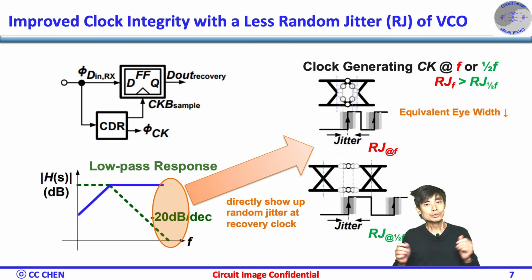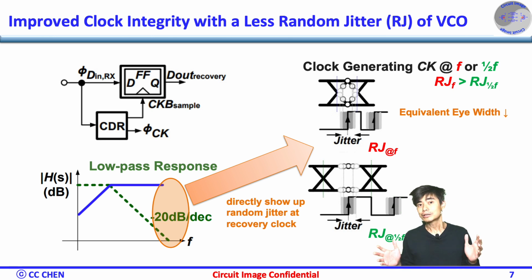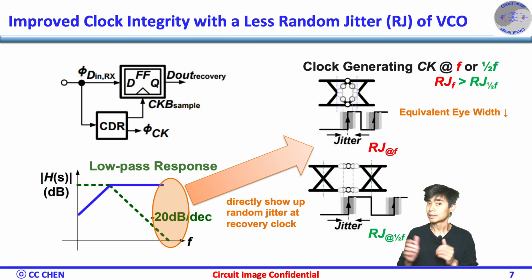In order to reduce the random jitter of the clock source, we must improve the VCO phase noise, clock buffer jitter, and any critical noise source from the PLL. So, a half-rate clock would be easier to achieve a low-jitter clock source at a lower frequency than the full rate from a system point of view.